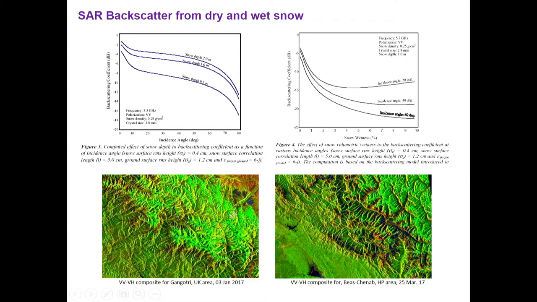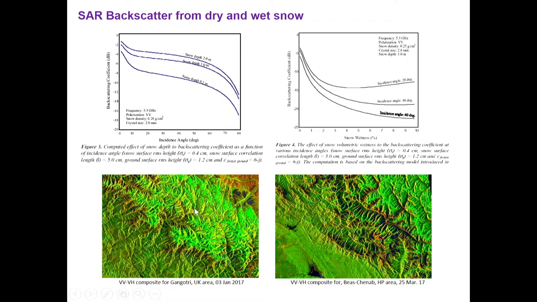Similarly, I have depicted in this figure that if there is less wetness or liquid water content in the snowpack, this will be the condition. It is a condition of January in the Gangotri region. We are getting more bright pixels in the SAR image.